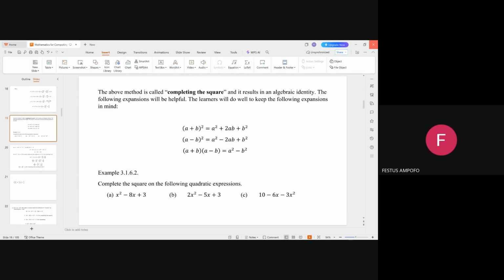Now I'll repeat the minus 10 over 3. Then I will subtract the square of 1, that is the one I got, the half of 2. So 1 squared is 1. Then I'll close the whole bracket.